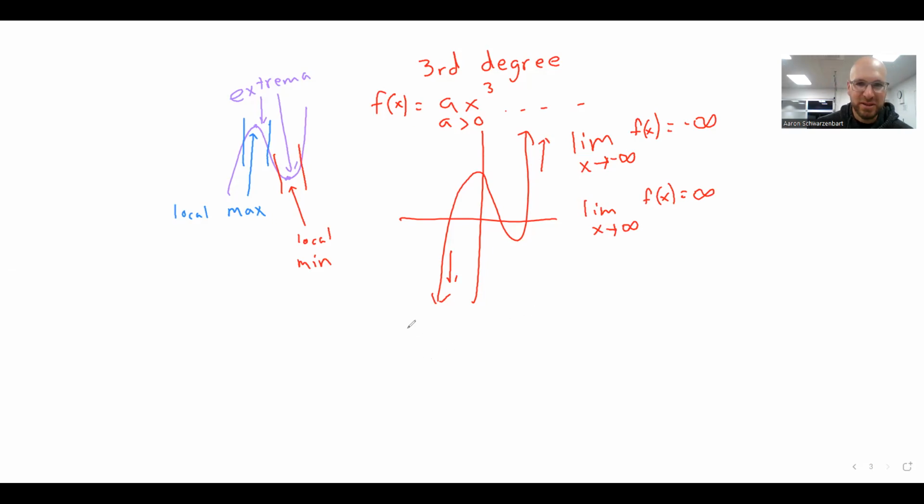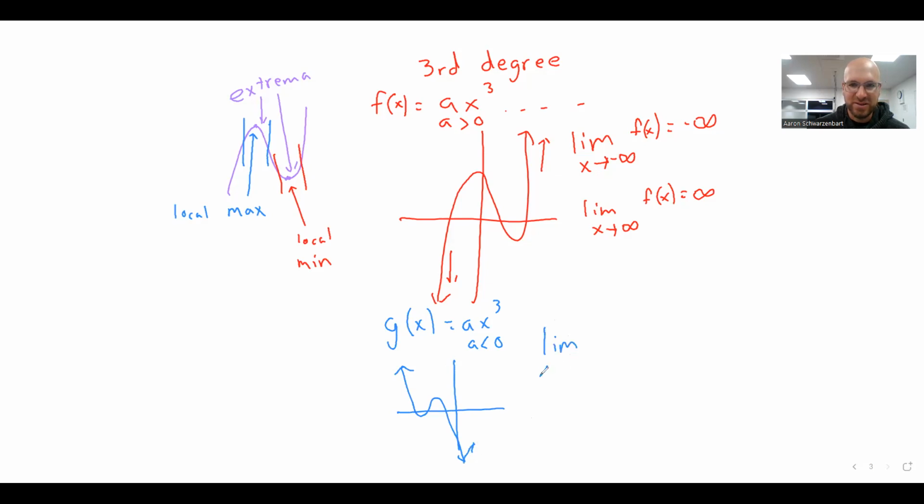What's a negative cubic going to do? Well, it's going to flip it. It can be moved around however I want, but I get basically this.